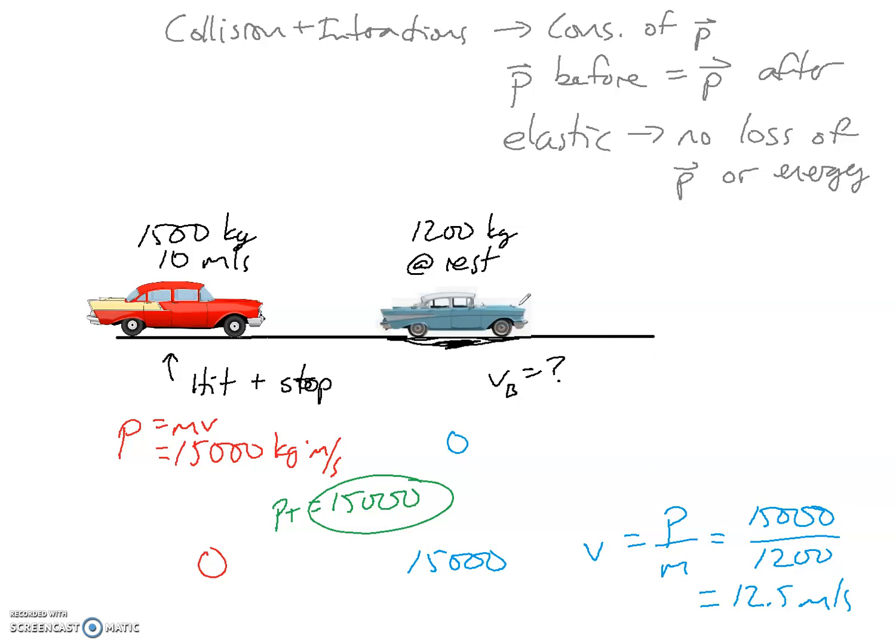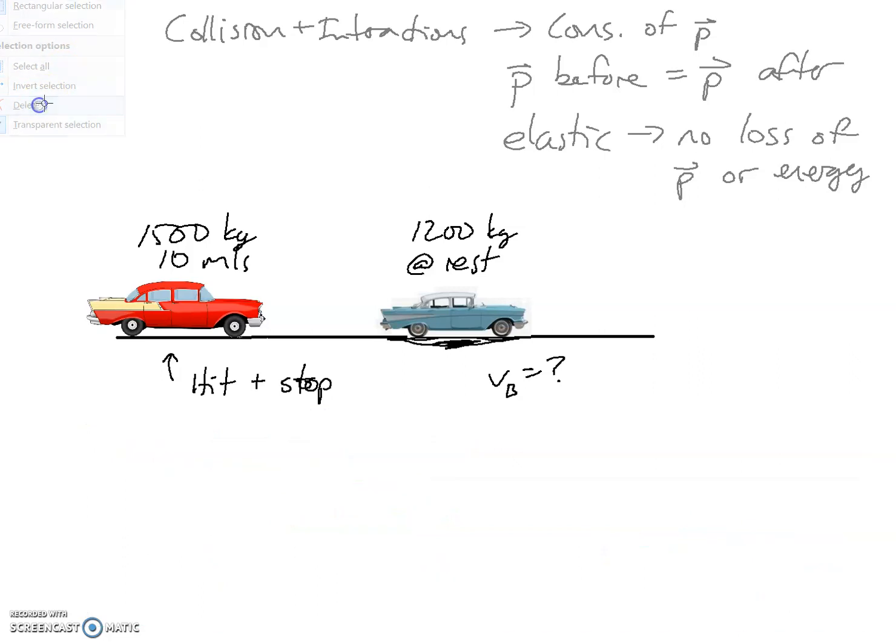So let's take the exact same situation, the exact same scenario. Let's just change it a little bit and go again. Okay, so I'm going to get rid of this stuff down here, and we are going to adjust this a little bit. Instead of this car being at rest, I'm going to say this car is going 5 meters per second.